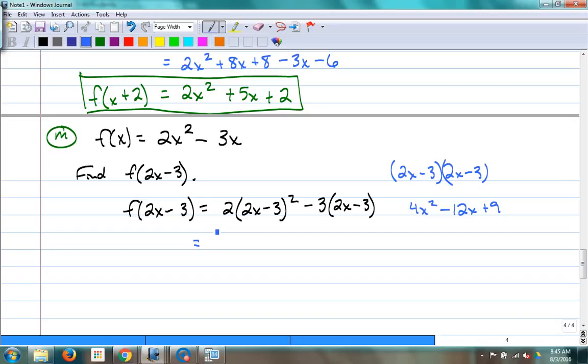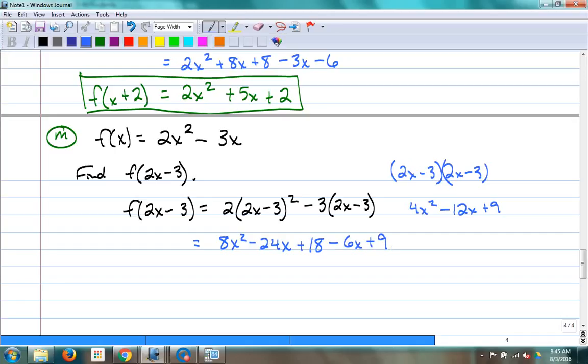And then I might go ahead and multiply that times 2. 2 times 4x squared is 8x squared. 2 times 12, negative 24x. 2 times 9 is 18. Minus 6x plus 9. Well, that's just going ahead and multiplying that out, all in one step there.